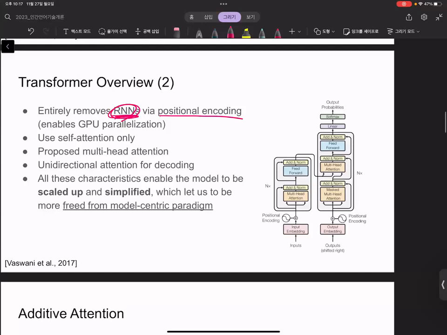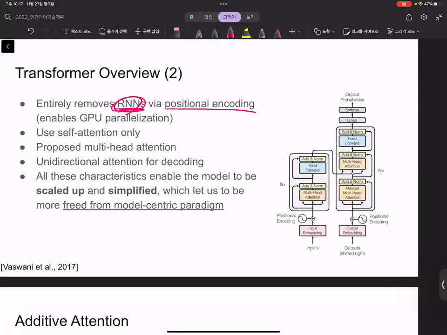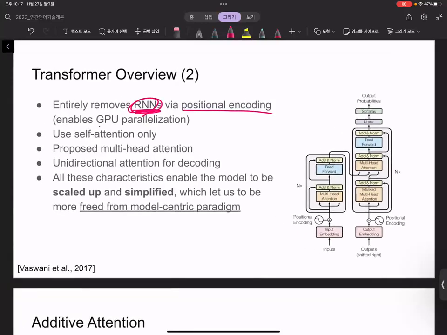And there are no RNNs, so we can enable GPU parallelization. That is one thing. And we use self-attention only for the encoder.